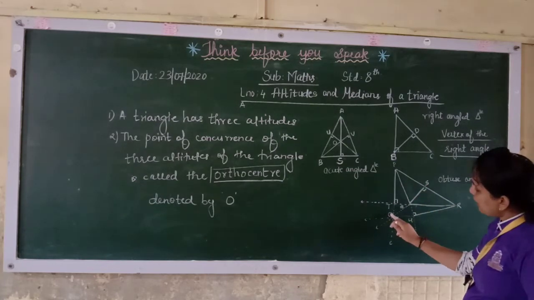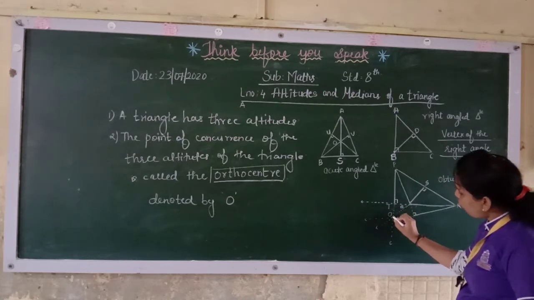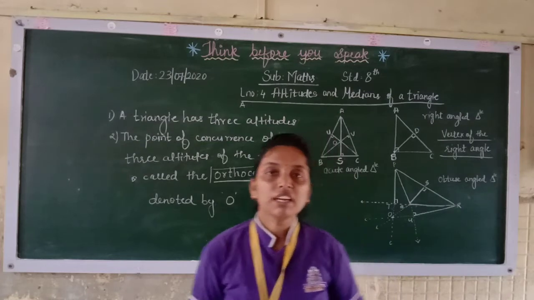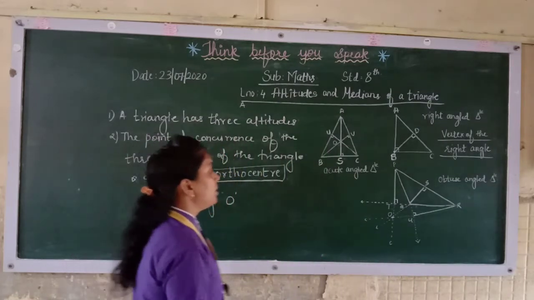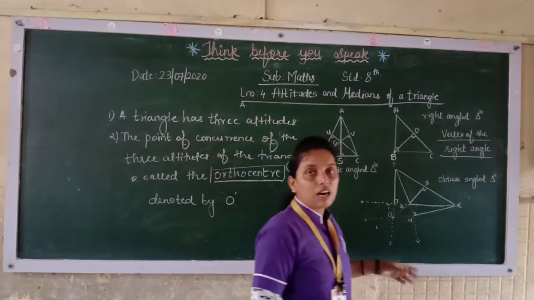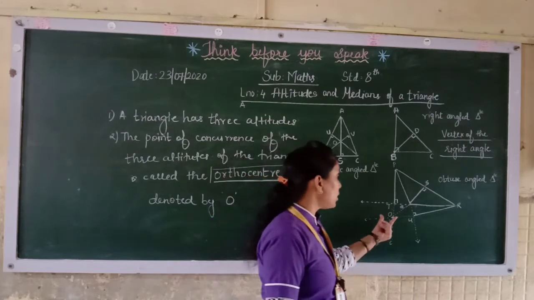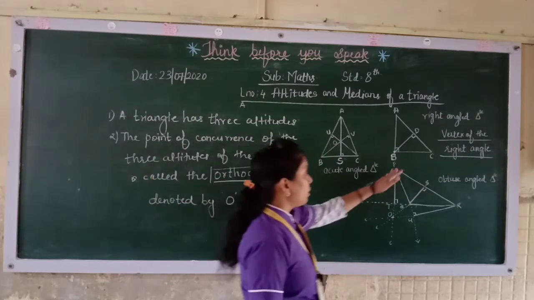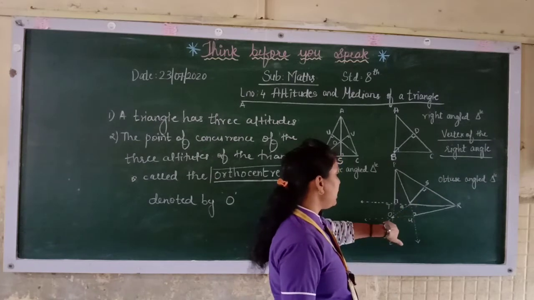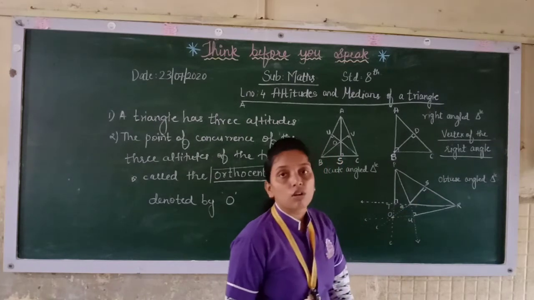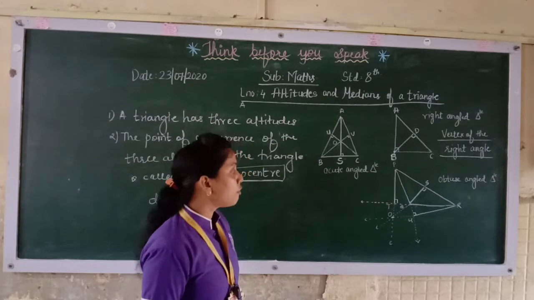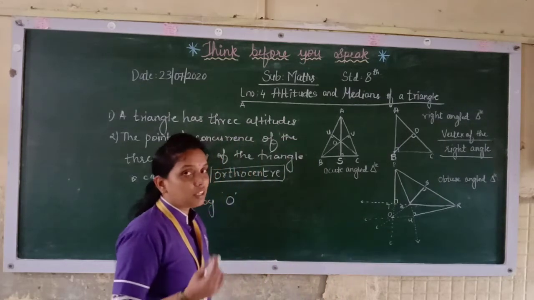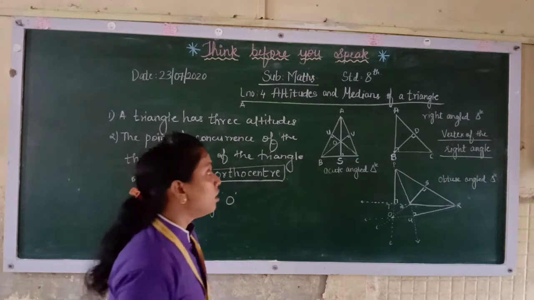All these three are meeting here, where it is denoted as O. So this orthocenter for obtuse angle triangle is in the exterior of the triangle, outside the triangle. All these altitudes are meeting at this point O, the orthocenter. So the orthocenter for obtuse angle triangle will be in the exterior of the triangle, means outside the triangle.